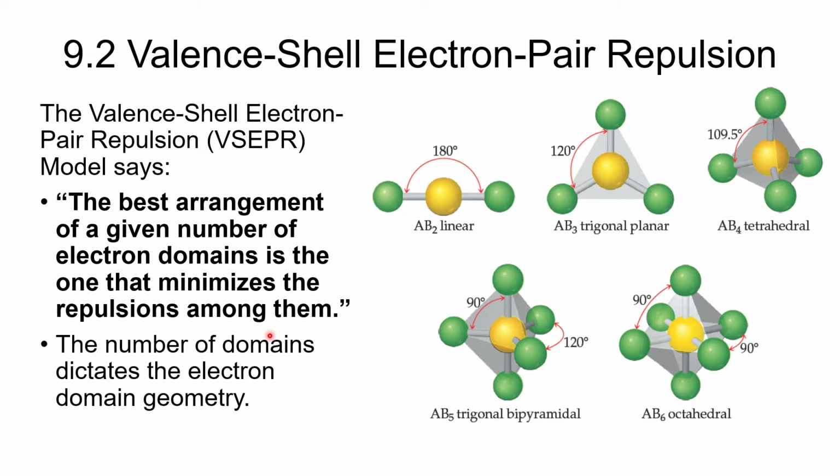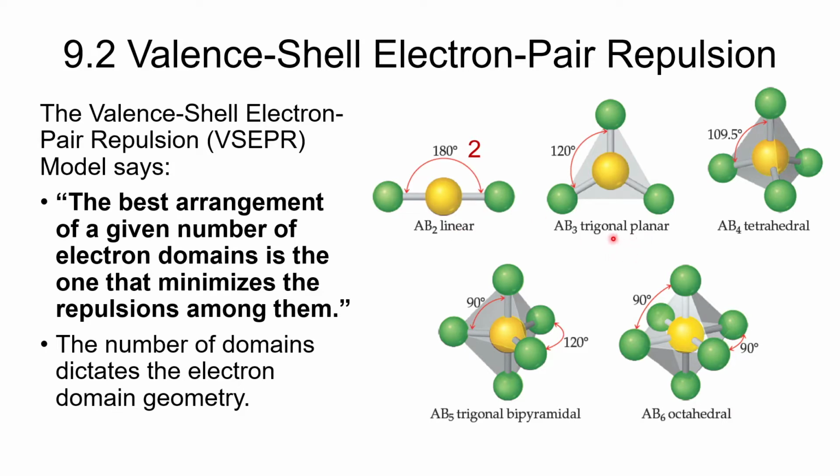When we have 2 domains around the central atom, the best arrangement is a 180-degree angle between the 2 domains, and we call that linear, which makes sense. If it's 180 degrees, they're all in a straight line.